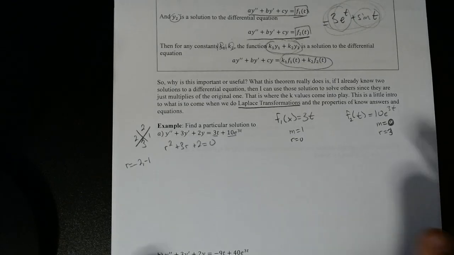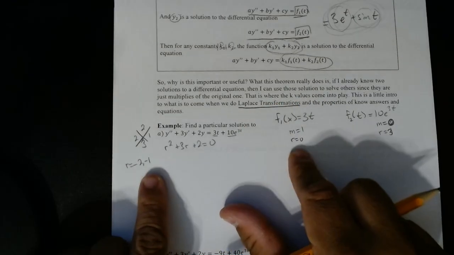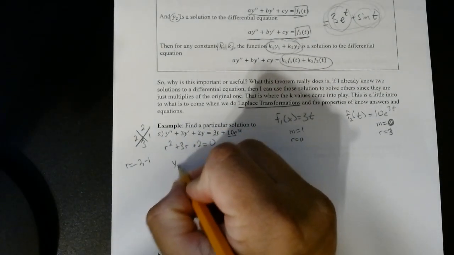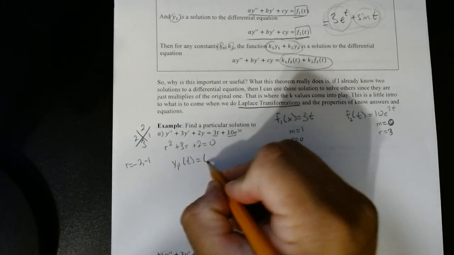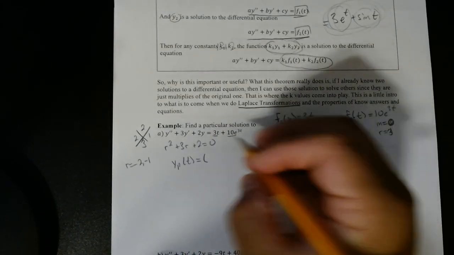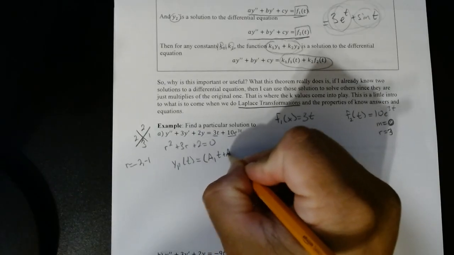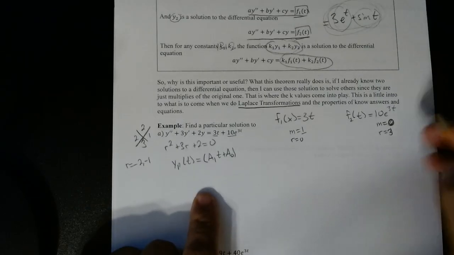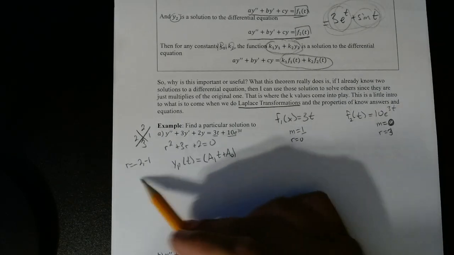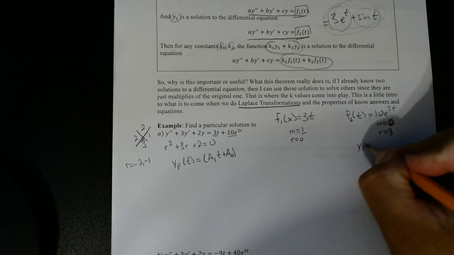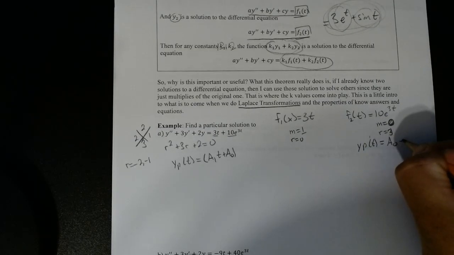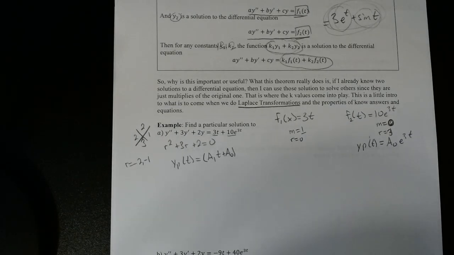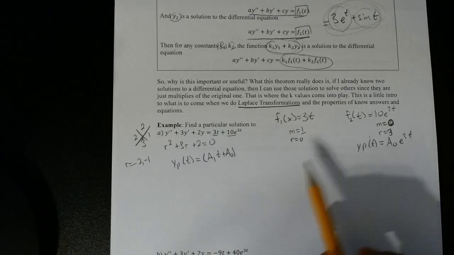Following this process, r is not a root of the characteristic equation, so our particular solution here is going to be, since m equals 1, a1t plus a0. And following the same process over here, m is 0 and r is 3, again not a root, so our particular solution will just be of the form a0 e to the 3t.